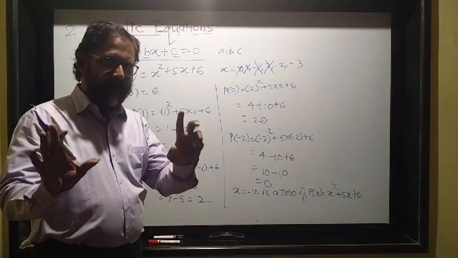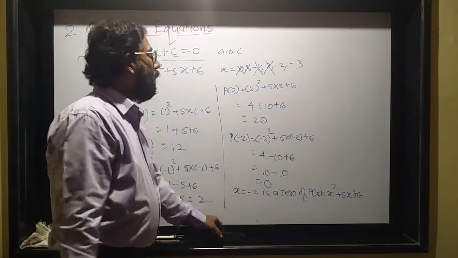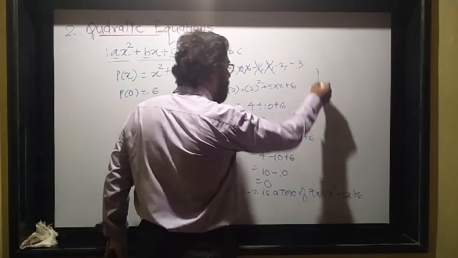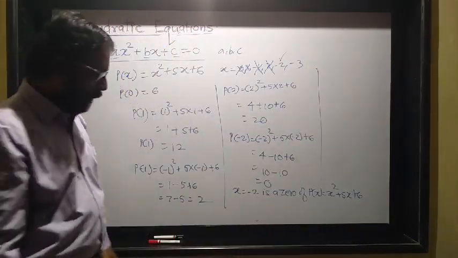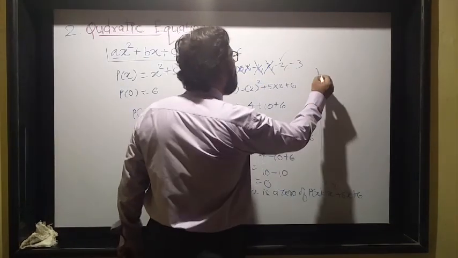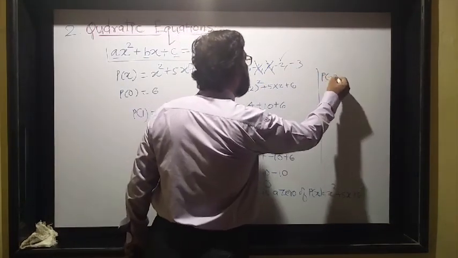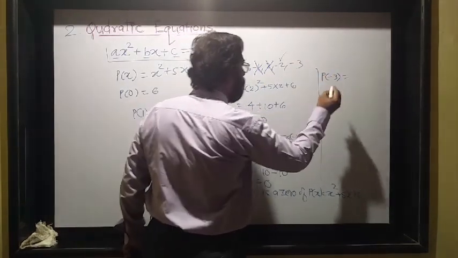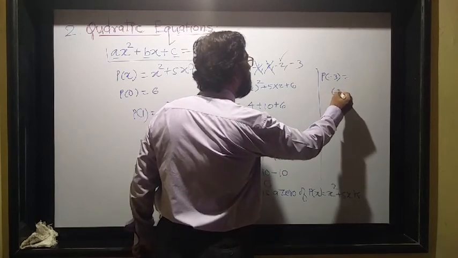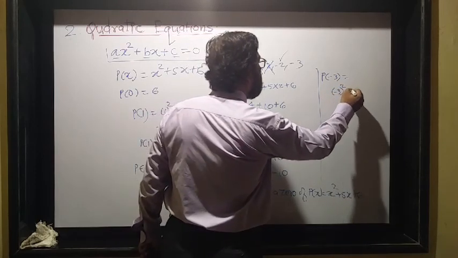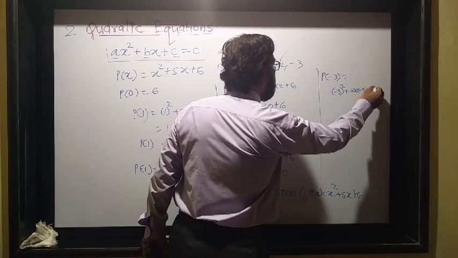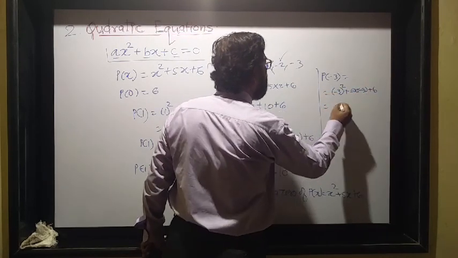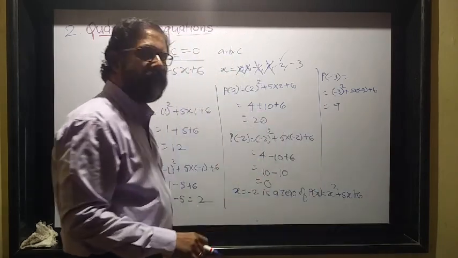It is a zero of this polynomial. You got the point? Now we will try for minus 3. So p(minus 3) is equal to minus 3 square plus 5 into minus 3 plus 6. Again you will find this is 9, not minus 9.